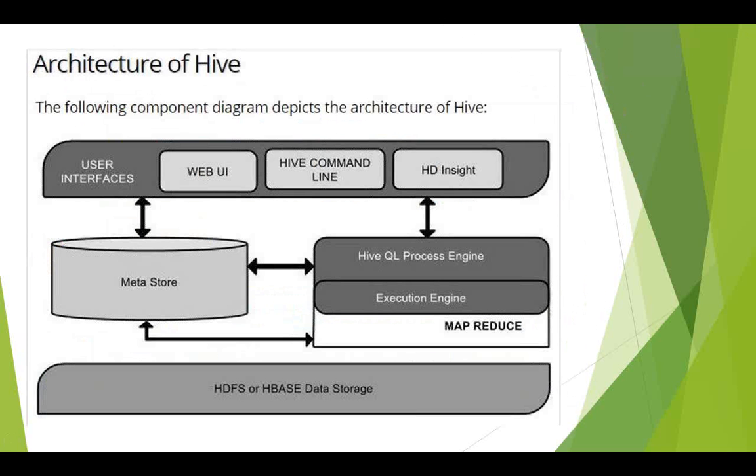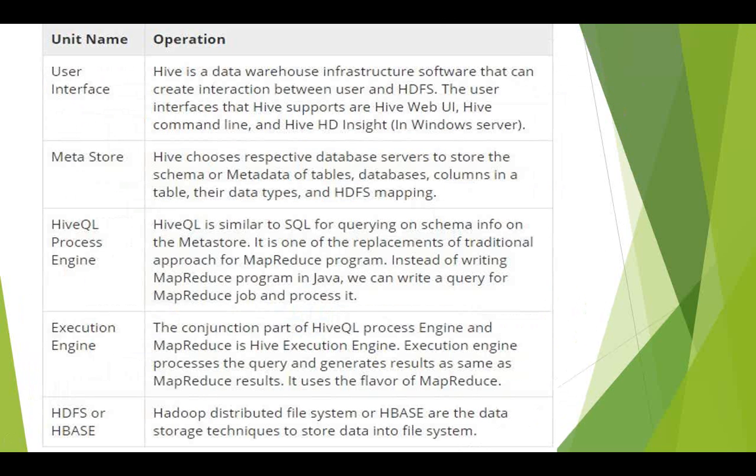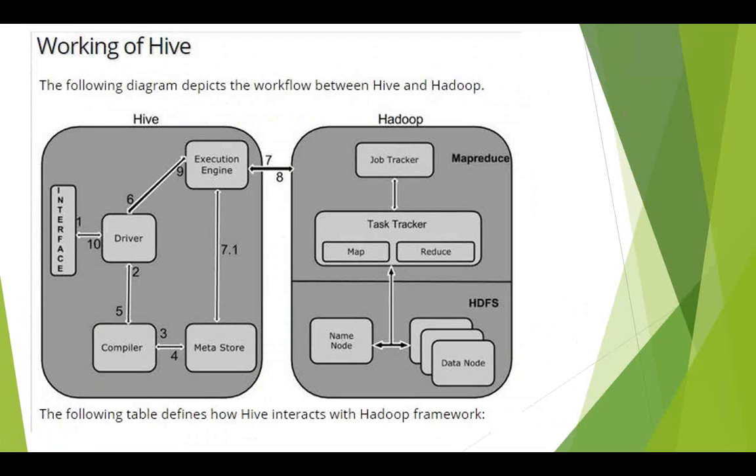So we have to see the architecture. This architecture we have already discussed in the last class. And still, if you have any query about the working of Hive, we have already seen the first step. From the Hive interface, the command is first sent to the driver. Then from the driver it contacts the compiler, and the schema is stored in the meta store.